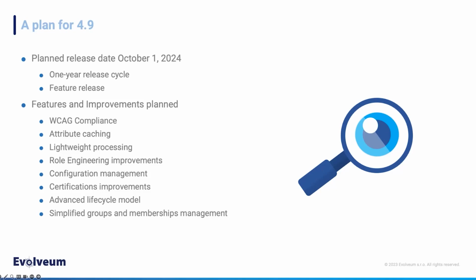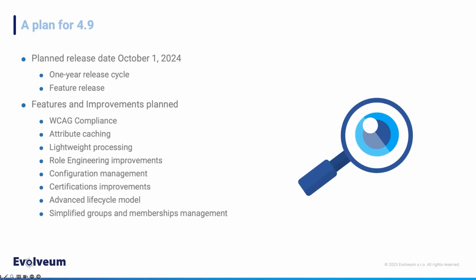For example, if the resource is created using Resource Wizard in MidPoint, but later there is a need to download such resource and, for example, push it to some Git repository, there needs to be an option how to post-process such resource before it is pushed to the Git. Few improvements are also planned for certifications, better configuration for a lifecycle model, and simplification for groups and membership management.